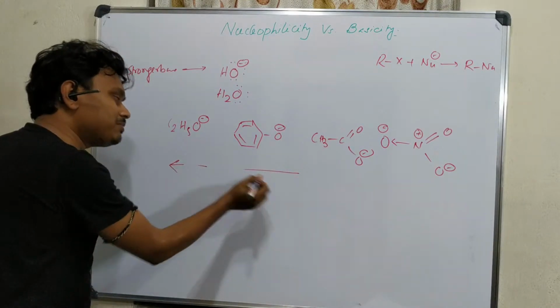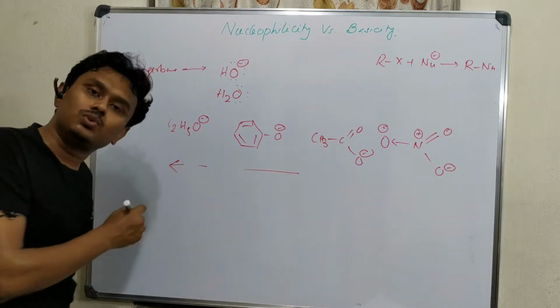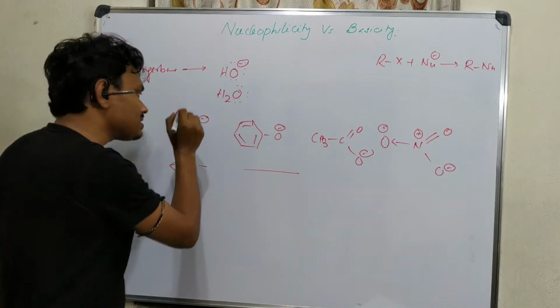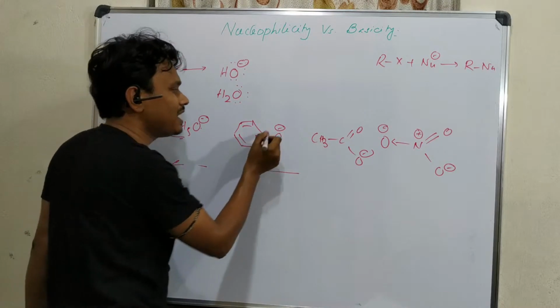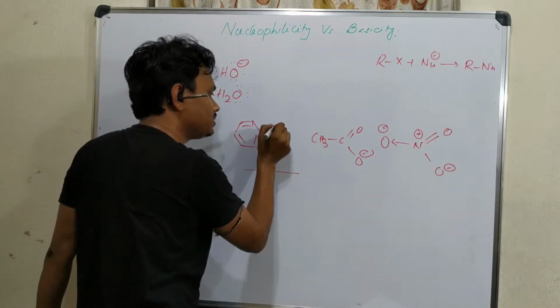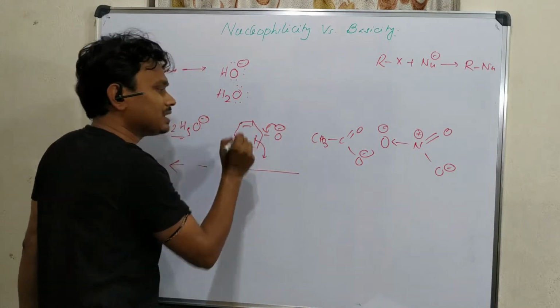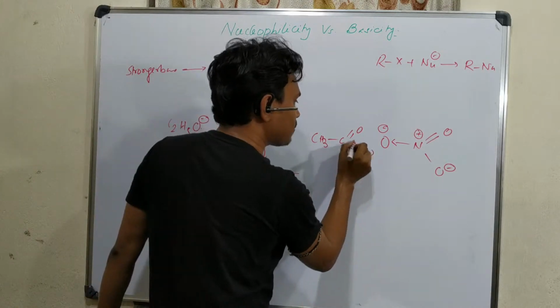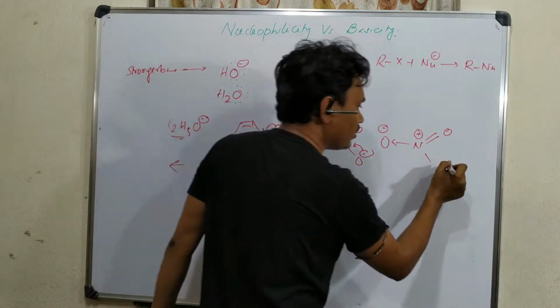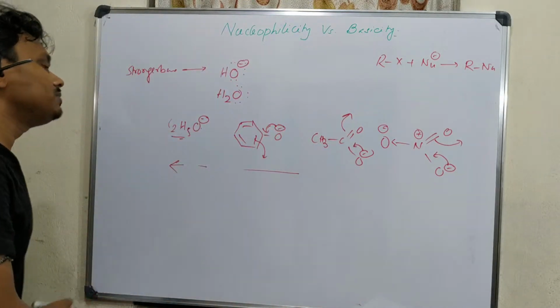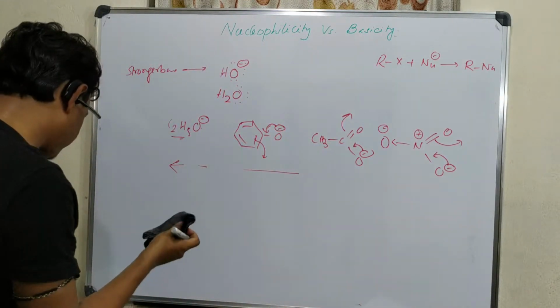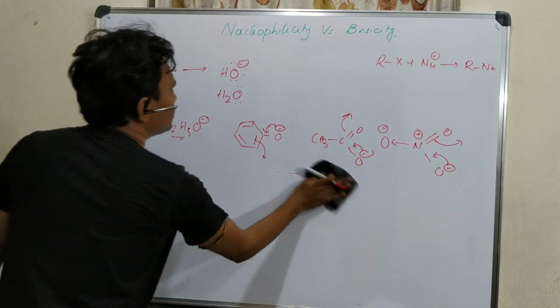So on this side basicity increases, and on this side nucleophilicity increases, because here the charge density is more, with only an ethyl group and no conjugation. Here there is conjugation with the phenyl ring. Here equivalent resonance structures are possible, and this is also like that. In this way basicity will be similar to their reactivity.